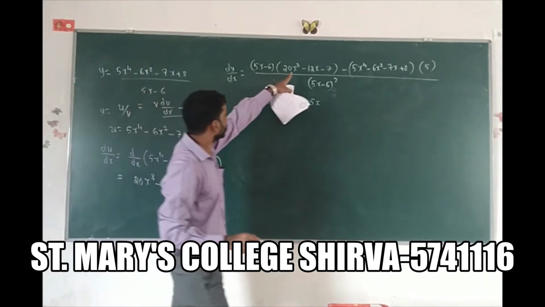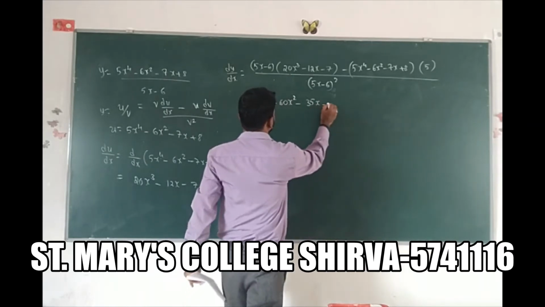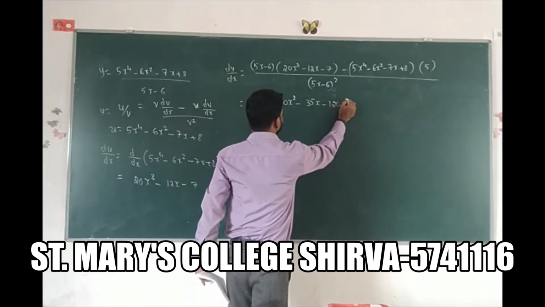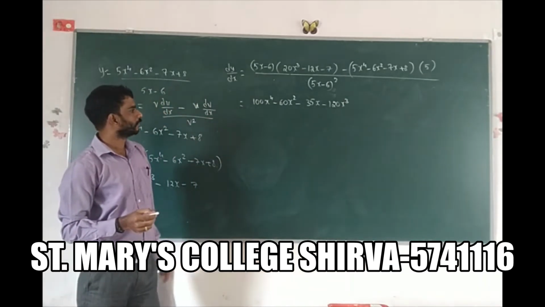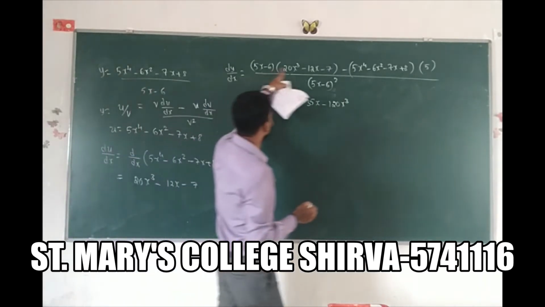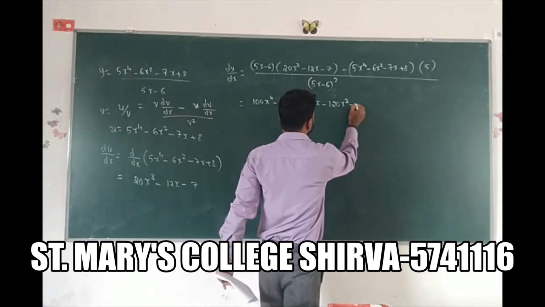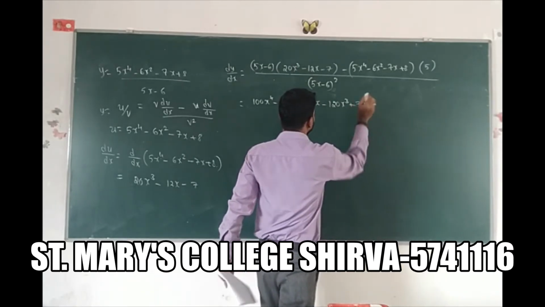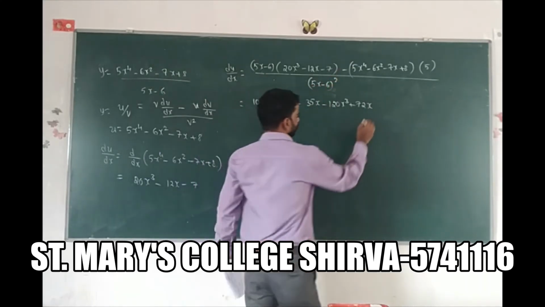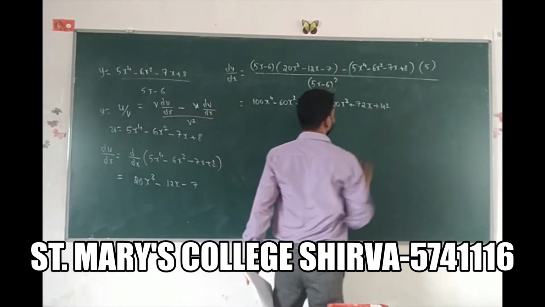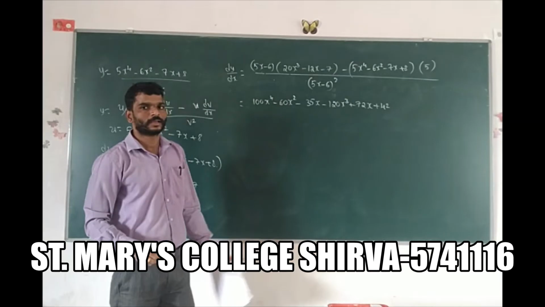Then minus 6 into 20x cube is minus 120x cube. Then minus 6 into minus 12x is plus 72x. Then minus 6 into minus 7 is plus 42.